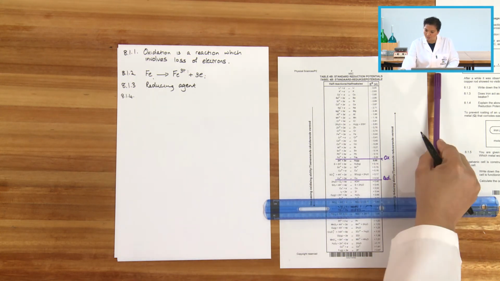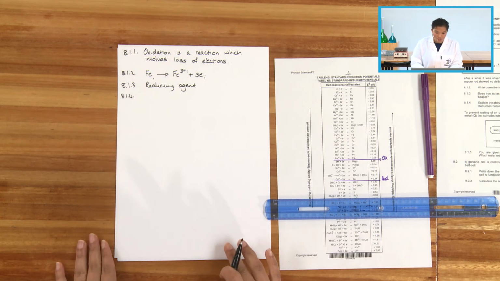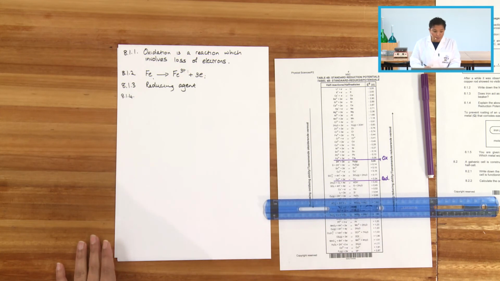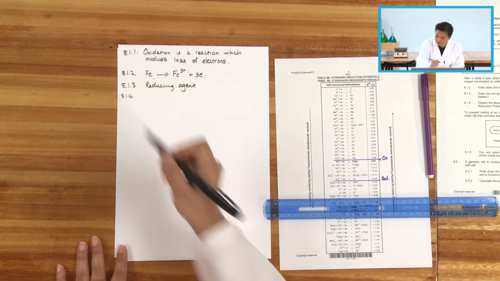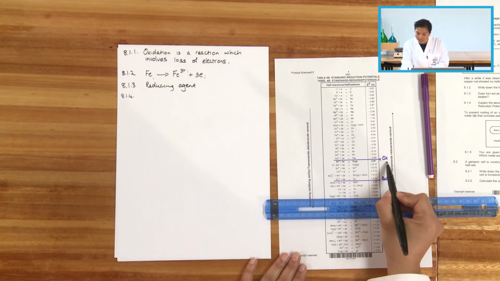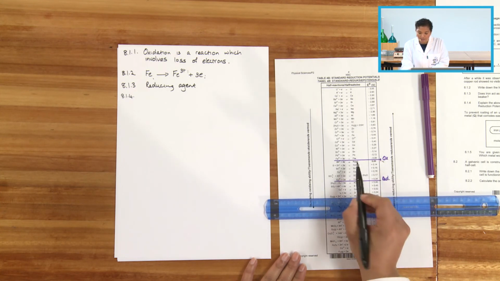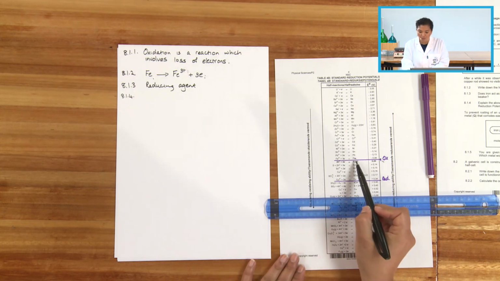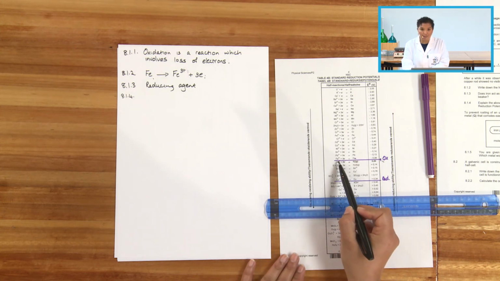I just want to get rid of my colors. And so we can see that iron is a stronger reducing agent. Why? Because it's a negative value, it means the reverse reaction is actually going to be favored. So we actually want to favor iron forming iron 3 plus.